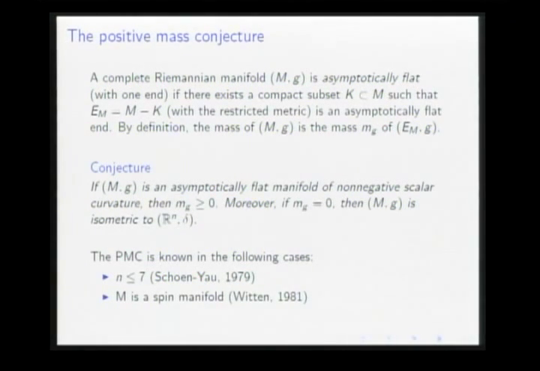This is the famous positive mass conjecture, and it was solved in 1979 by Schoen and Yau. And in 81, Witten gave a proof using spinors, a very elegant proof. You need some topological condition, that the manifold be spin.